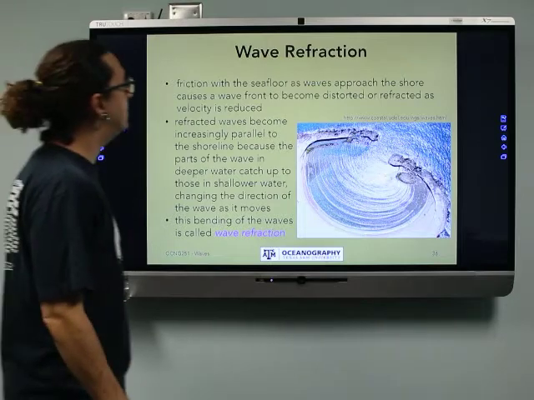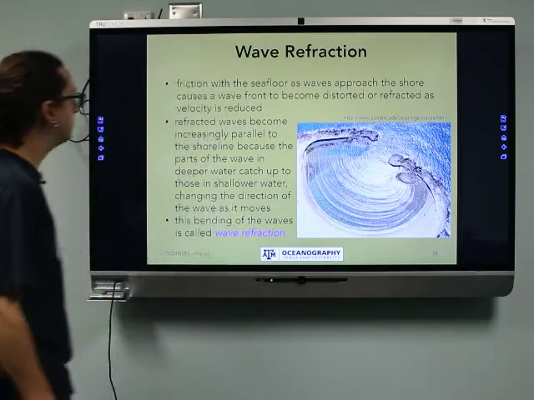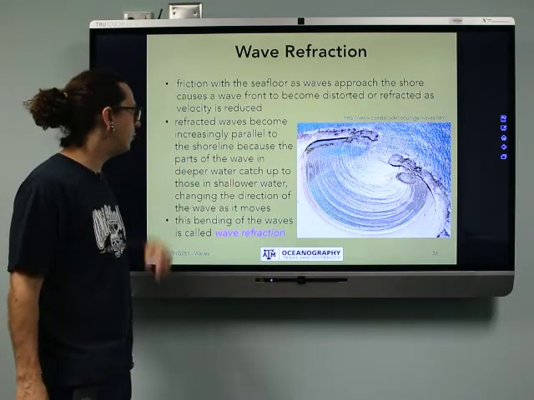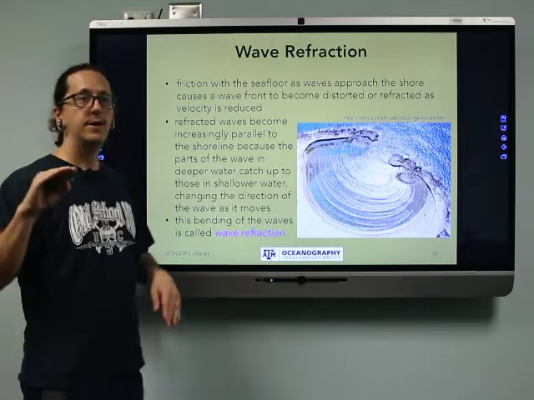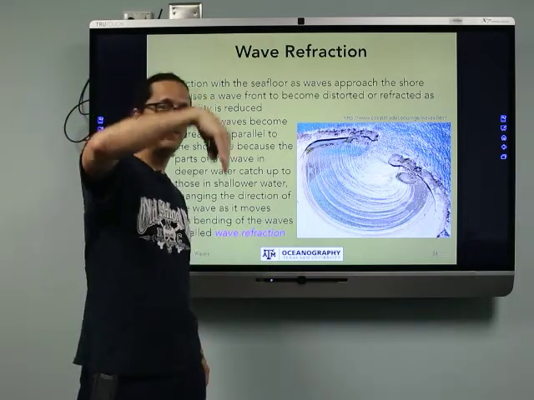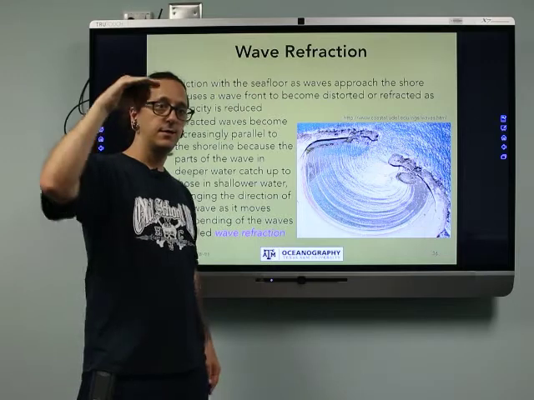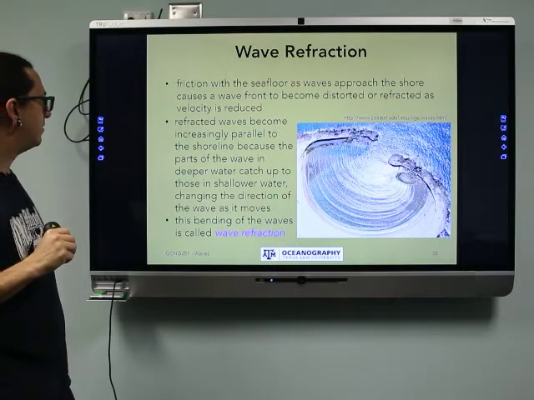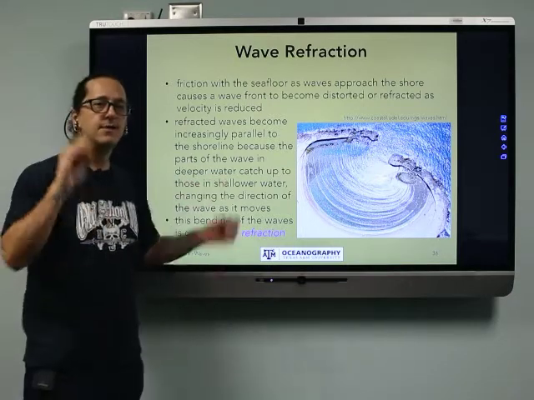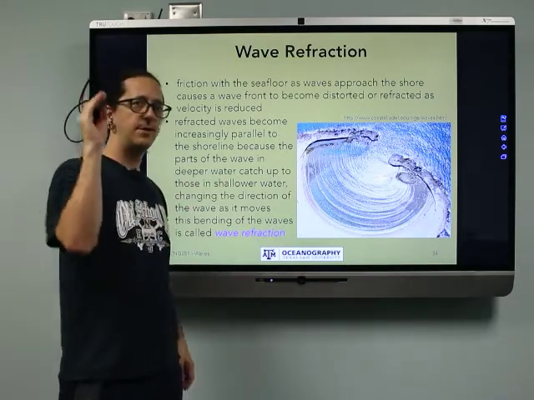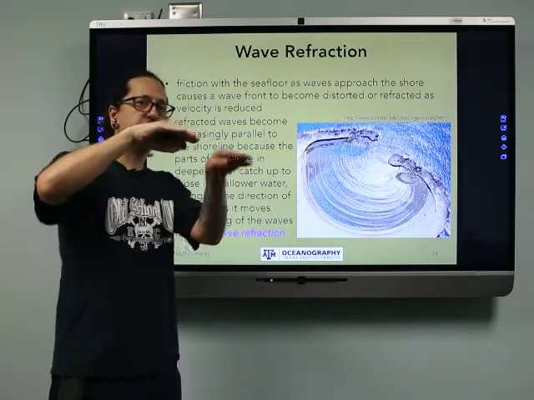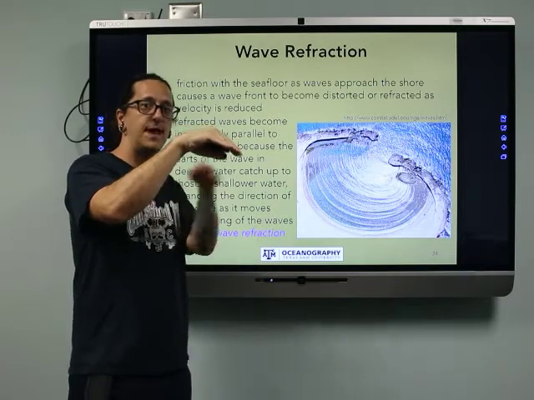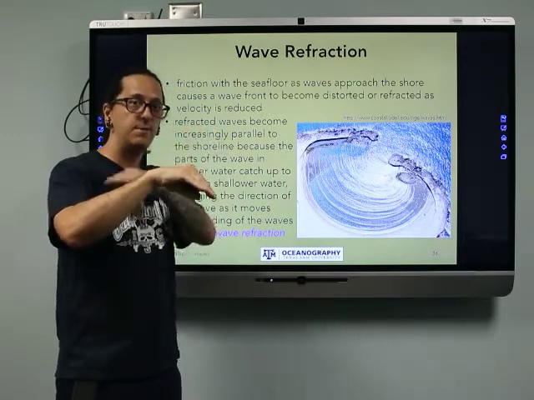So this causes a wave front to become distorted or refracted as the velocity is reduced. Refracted waves become increasingly parallel to the shoreline because parts of the wave in deeper water catch up to those in the shallower water, right? So normally the wave crest is leading, but because the stuff in the front slows down, the stuff in the back can start to catch up, and before the stuff behind it feels bottom, it catches up.